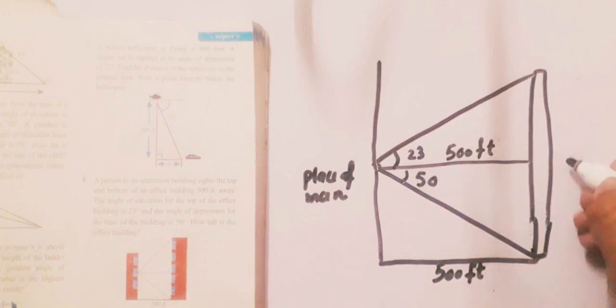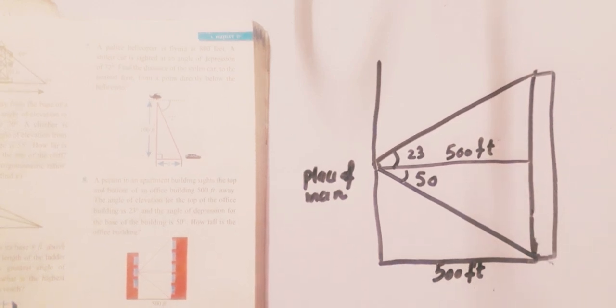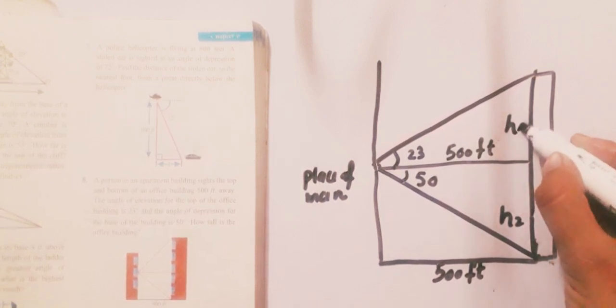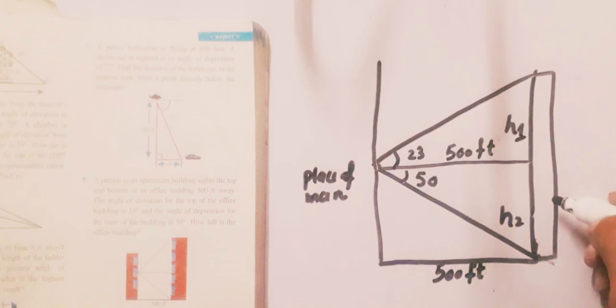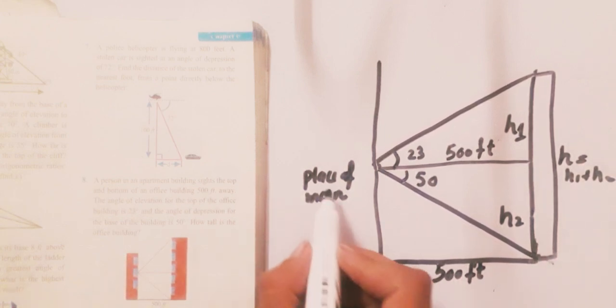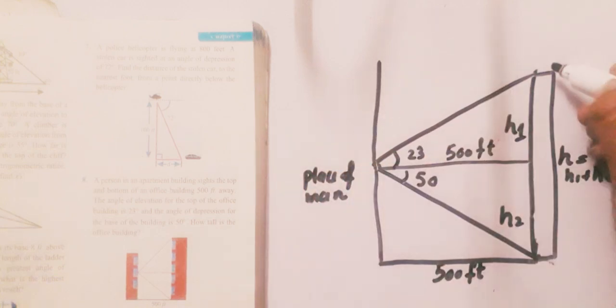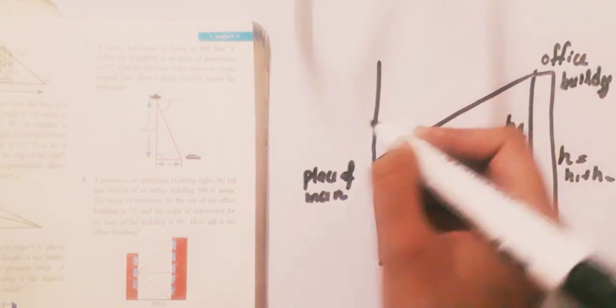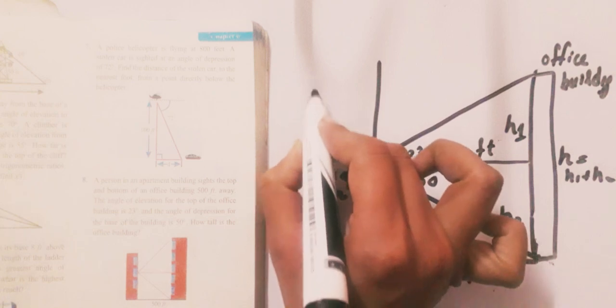You will say this height is h2 and this height is h1 and the total height is h, and h is equal to the sum of h1 plus h2. Now this is the office building and these are the apartment buildings.